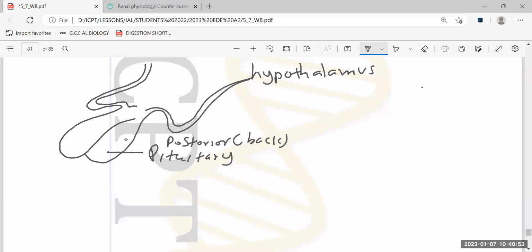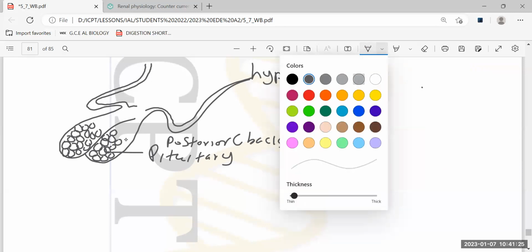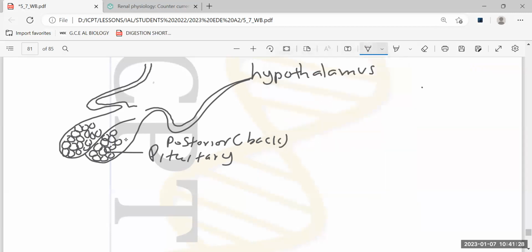Okay, what is the pituitary gland? Pituitary gland is a collection of cells which are specialized to produce hormones. What is the hypothalamus? The hypothalamus is towards the brain. That means they have nerve cells, neurons, right? So the hypothalamus basically consists of neurons.